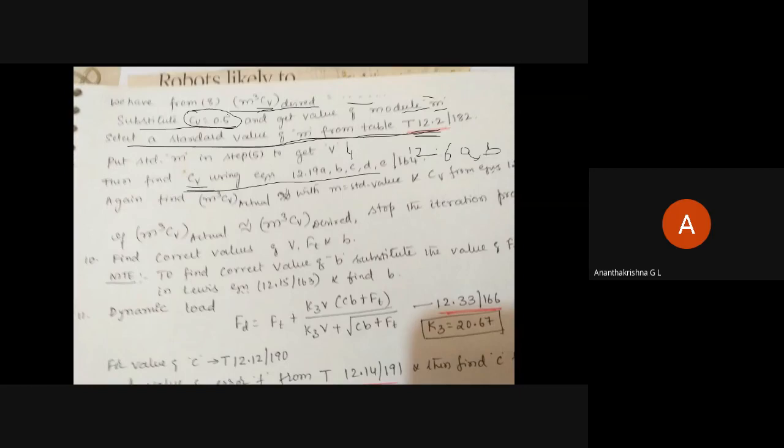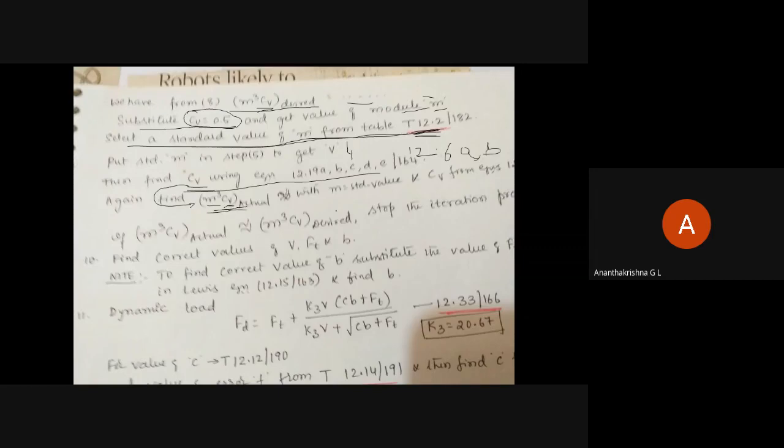You will get a different value than 0.5 here. Then what you need to do is take this new value of CV, then standard module M from table 12.2, whatever that we got. So use a standard value of M here, actual CV here that you got from this equation, and then get m cube CV actual.